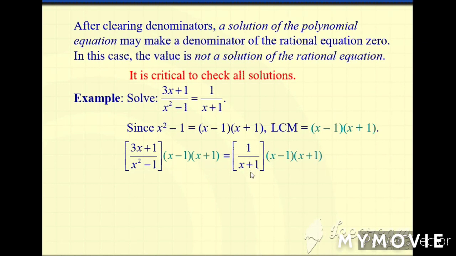Then we have the second equation 1 over x plus 1 multiplied by the LCM, x minus 1 times x plus 1. So our factor x minus 1, x plus 1 can be cancelled out because that is equal to 1. So you just copy the numerator 3x plus 1 equals, cancel x plus 1, x plus 1. So you have x minus 1 times x minus 1 equals x minus 1.